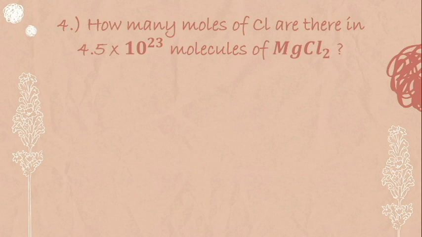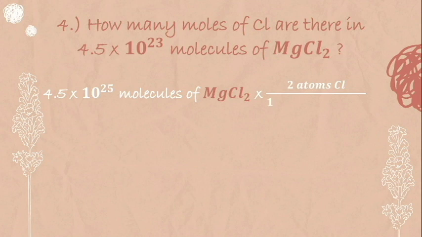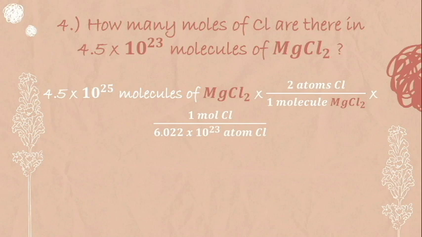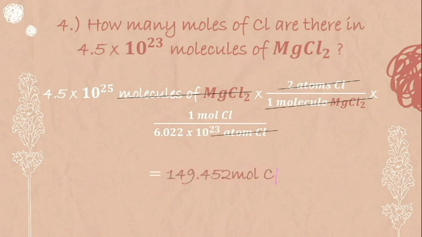In order to get the number of moles of chlorine in magnesium chloride, which is a compound, we multiply 4.5 times 10 raised to the 25 molecules of magnesium chloride by the number of atoms of chlorine, which is 2, and divide it by Avogadro's number, which is 6.022 times 10 raised to the power of 23. And here we get 149.452 mole of chlorine.